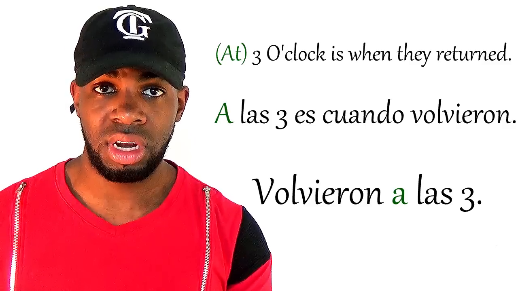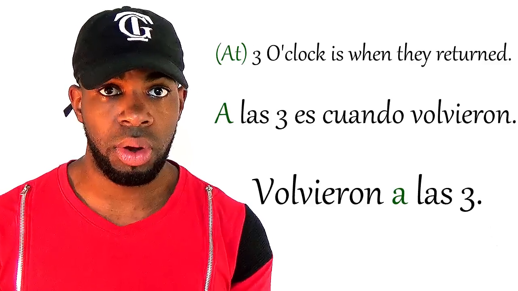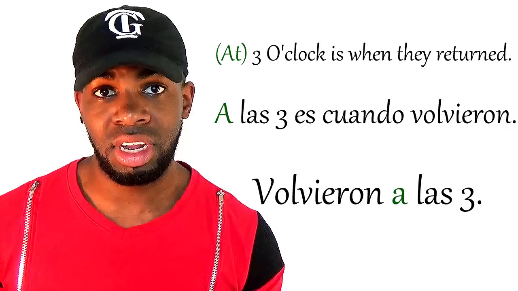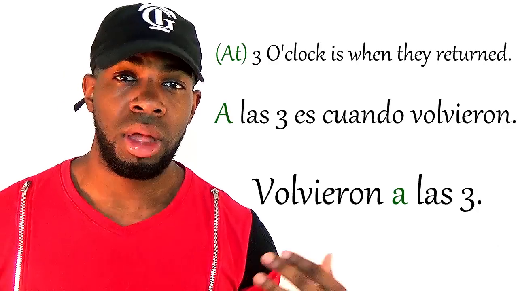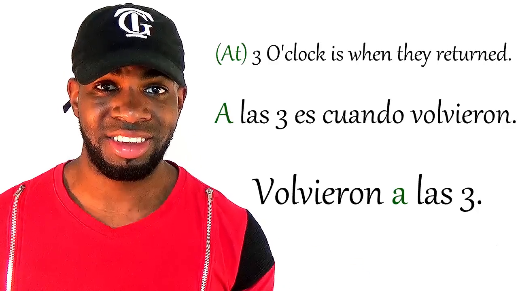But I can also say it a different way. Remember I told you about the placement, so I don't have to start it off with "a las 3." I can say, Volvieron a las 3. So you see there's two different placements there that I can put my preposition, and it's still correct because it does not end with the preposition. Remember, we never end a sentence with the preposition.